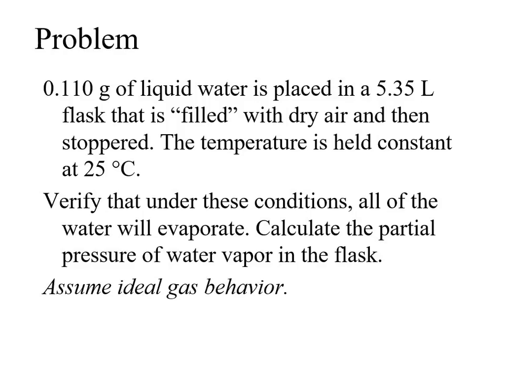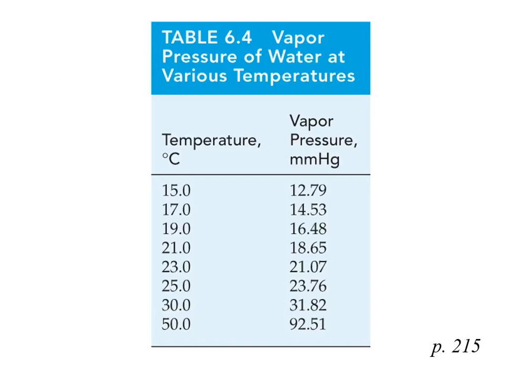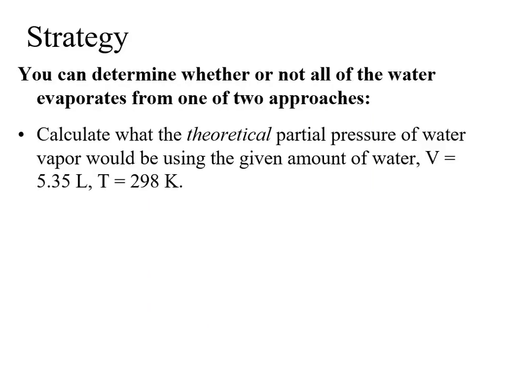We're going to assume ideal gas law behavior. So we're going to take the 25 degrees Celsius, and compare the pressure that we get to this pressure, 23.76 millimeters of mercury. So this is the strategy we're going to do. There's two strategies, and we're going to work two problems, and on the next problem we're going to use the other strategy.